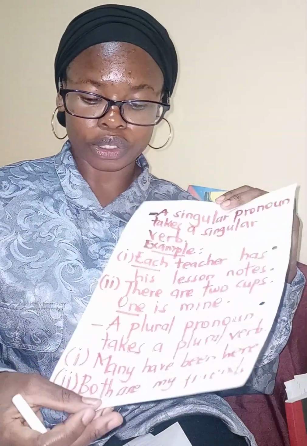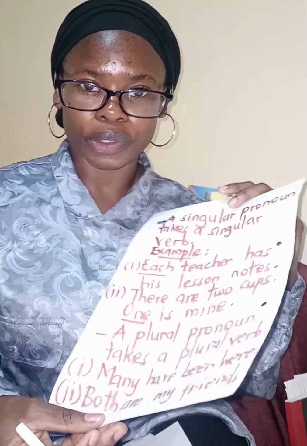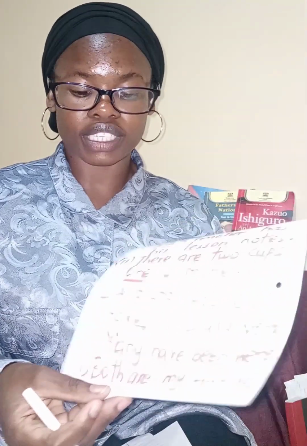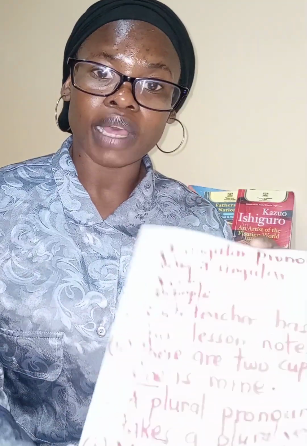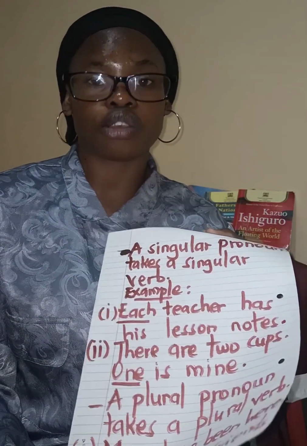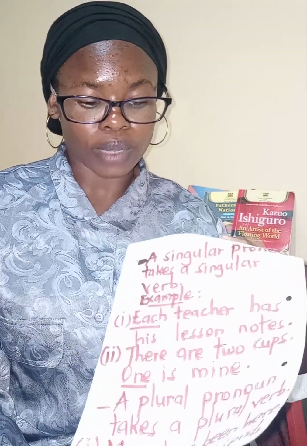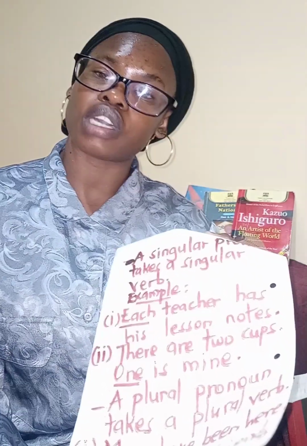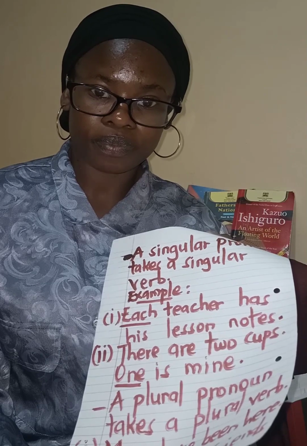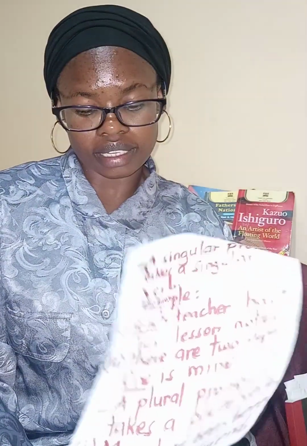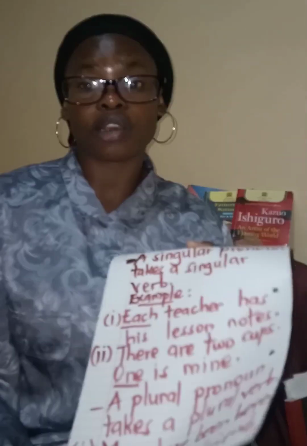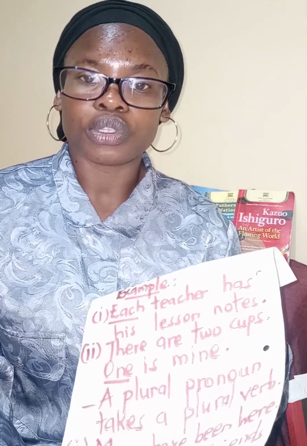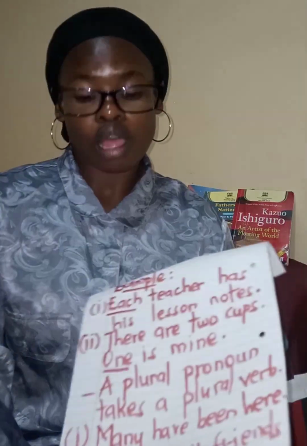A plural pronoun will therefore take a plural verb. We said a singular pronoun takes a singular verb. An example: there are 2 cups. One is mine. One is a singular pronoun, and it therefore took a singular verb, is. So a plural pronoun will take a plural verb.